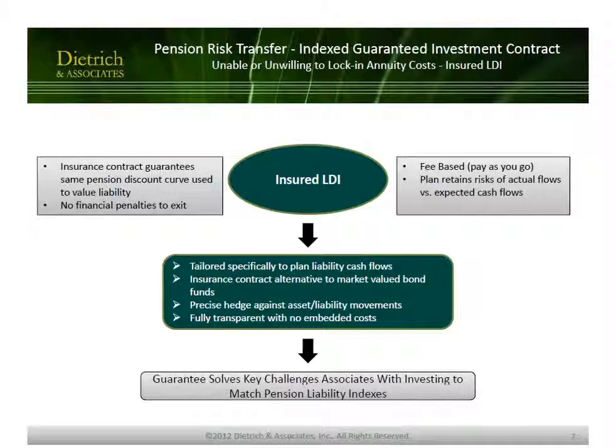Generally speaking, this approach should be cost neutral for pension plans, as opposed to an annuity structure where you have to prepay the present value embedded loads, which can create the perception of additional costs. The fact that the contract is valued using the same mechanism that the plan values its own liabilities, we think is a very interesting proposition for plan sponsors.